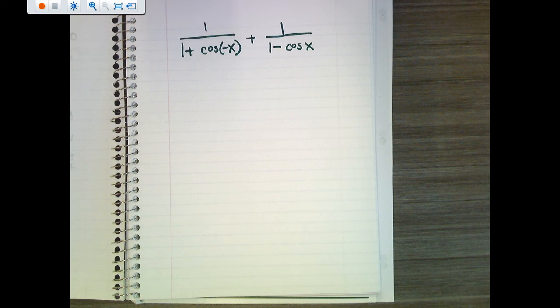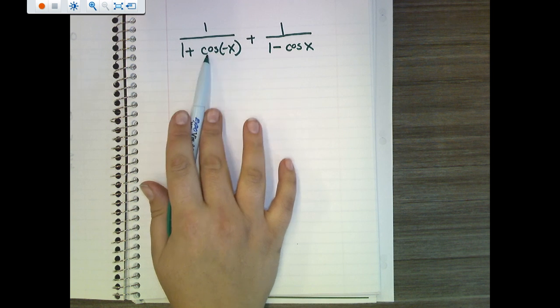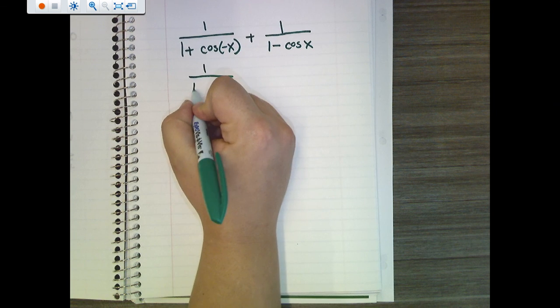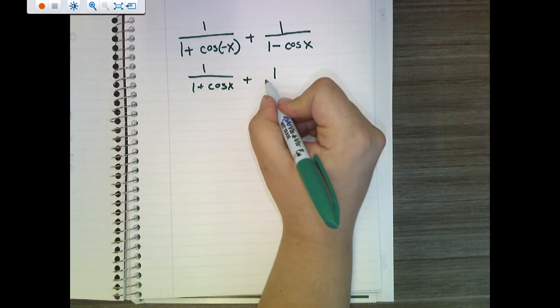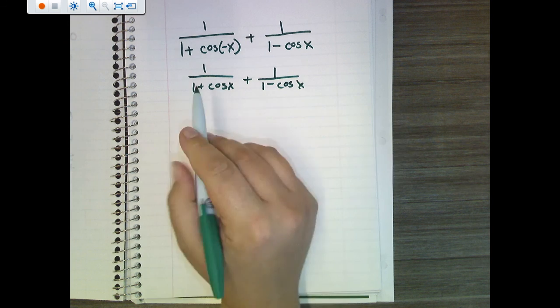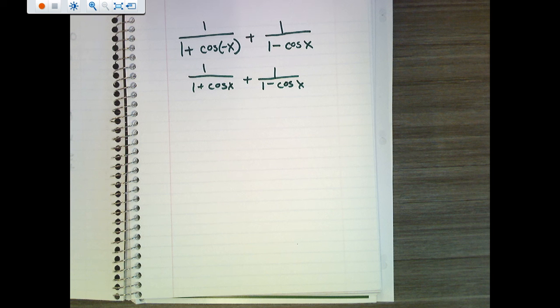So now, cosine of a negative number is just plain old cosine. So I have 1 over 1 plus cosine. And your goal here, when you see something like this, is to add them together. I can't add them together right now because they don't have the same denominator. So we have to multiply by what each denominator needs to get that common denominator.